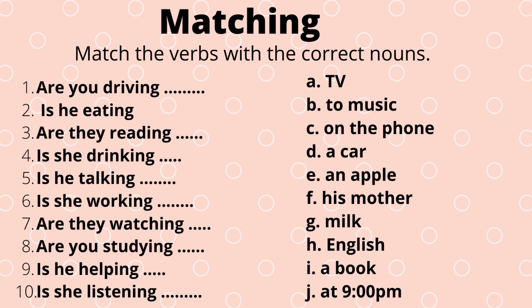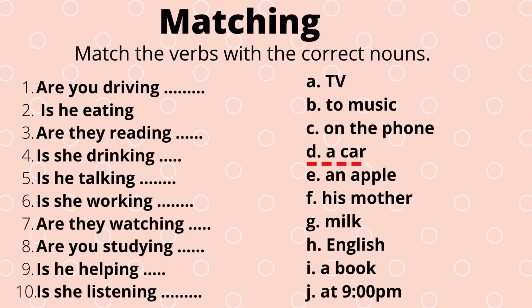Number 1 says, are you driving? And I'm going to find the noun or word in the other column that matches. For number 1, it would be, are you driving a car? Now, go ahead and write down these 10 sentences and see if you can correctly match the noun with the verb. When you finish, you can hit play and I'll give you the answers. Go ahead and pause the video now.